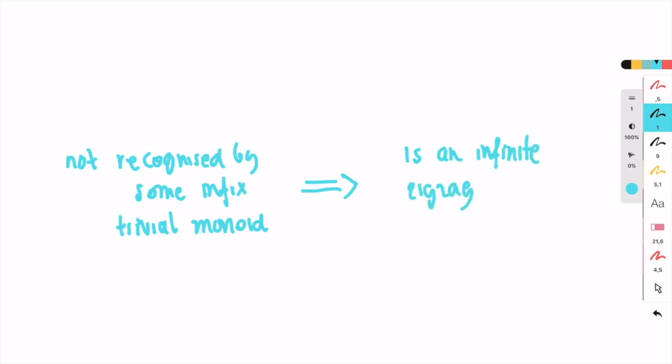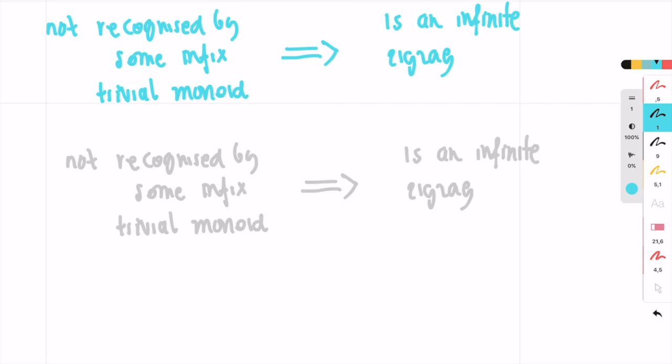And then the second is going to be the opposite implication, which is that if it is recognized, then there is no infinite zigzag. The first one is kind of easy, the bottom one. So let's start with the bottom one.